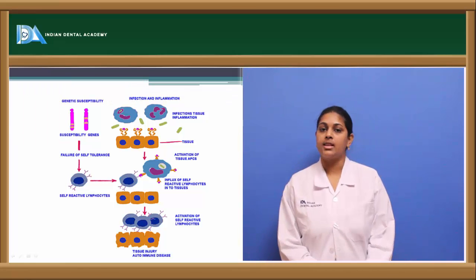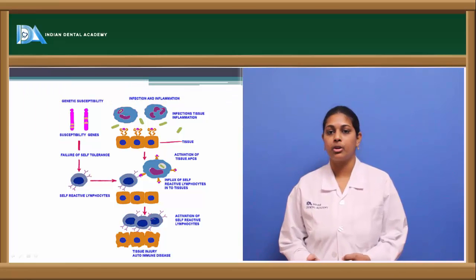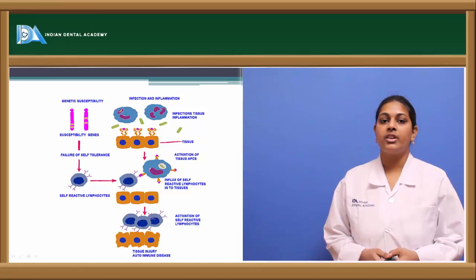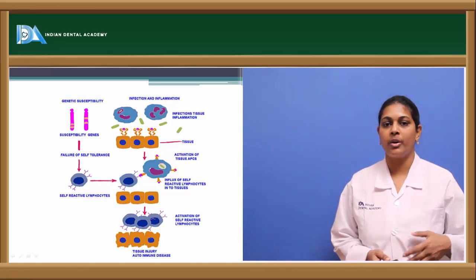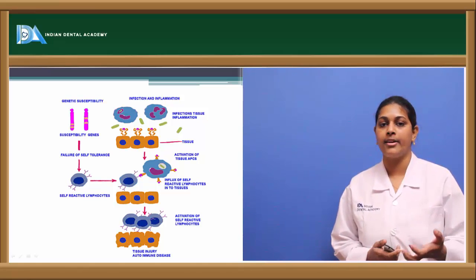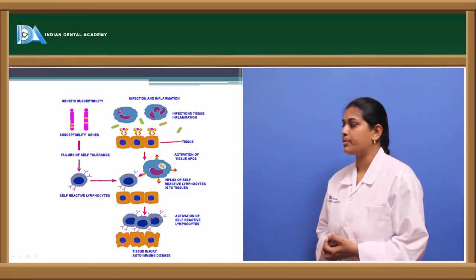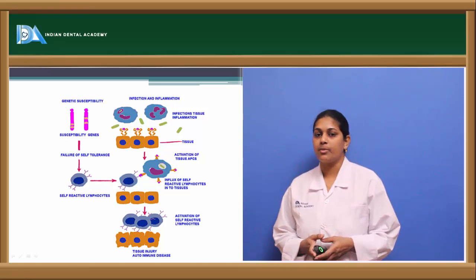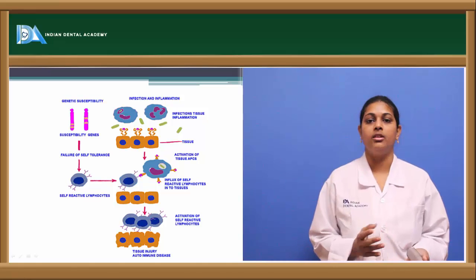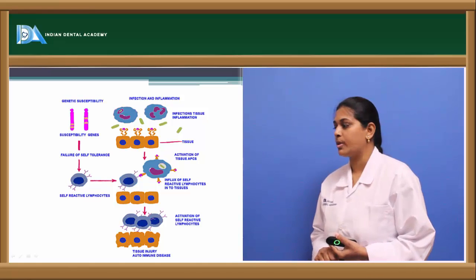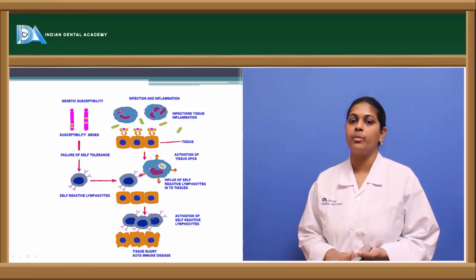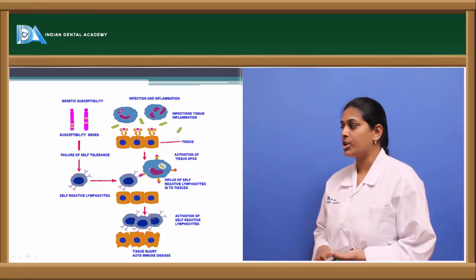Coming to the proposed mechanism, but not the exact mechanism. Usually autoimmune disorders could be familial, that is, inherited disorders from genetic susceptibility. Suppose genes are susceptible, with certain alterations in specific genes, it could be because of chromosomal deletion or chromosomal translocation.